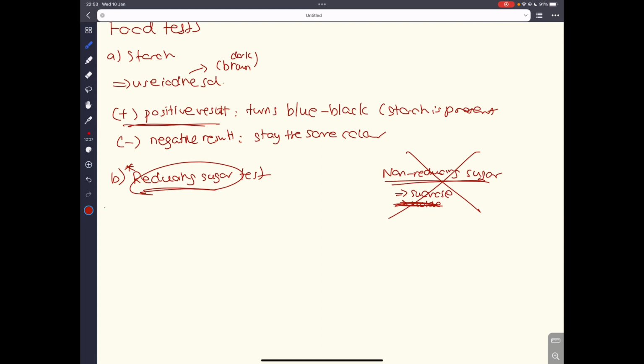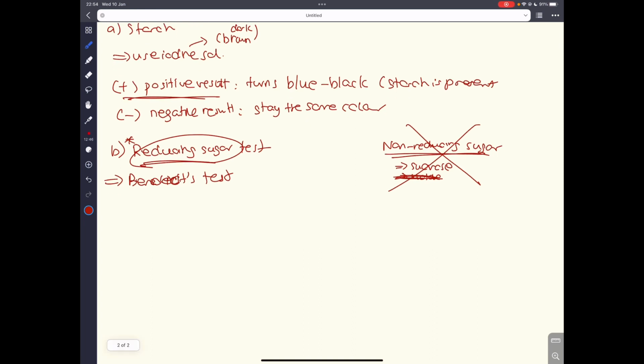Now, this reducing sugar test is called the Benedict's test. Benedict's is the name of the scientist who came up with this test. So Benedict's test is basically to add Benedict's solution to the sample that contains the reducing sugar.